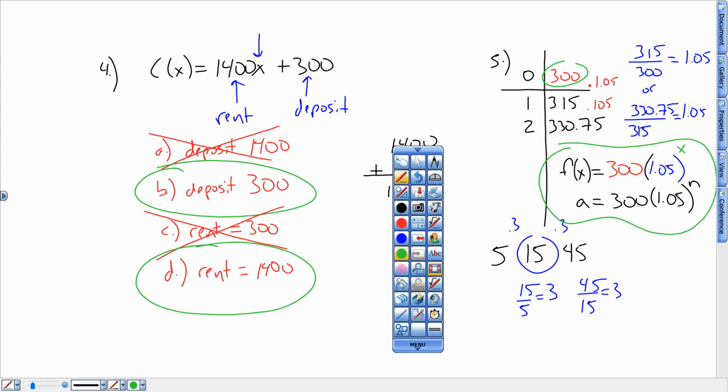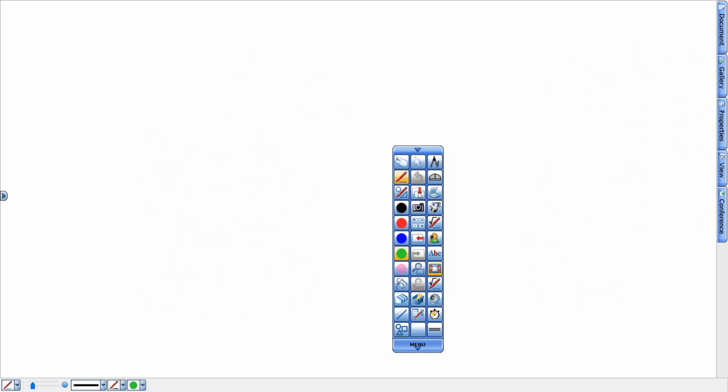All right, number 6. This one gives you some numbers. Recursive, negative 54, negative 42, negative 30, negative 18. For this one, it's tricky.